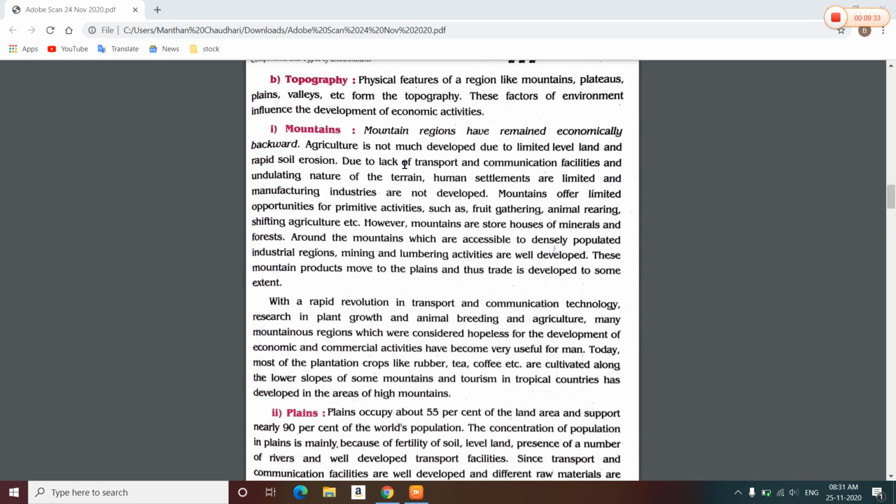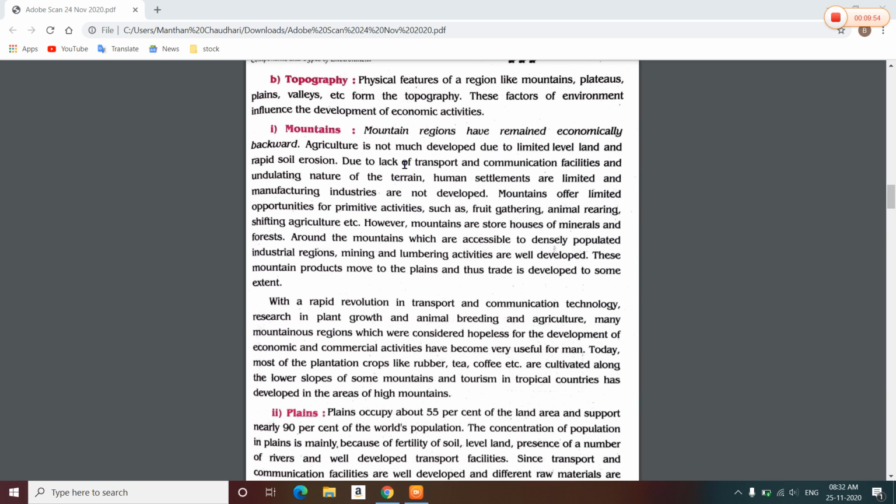Now let us talk about mountains, how mountains affect the economic development of a country.